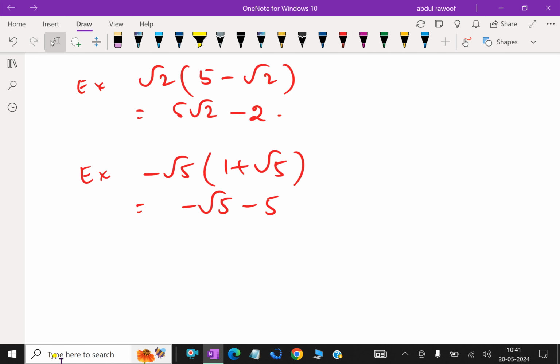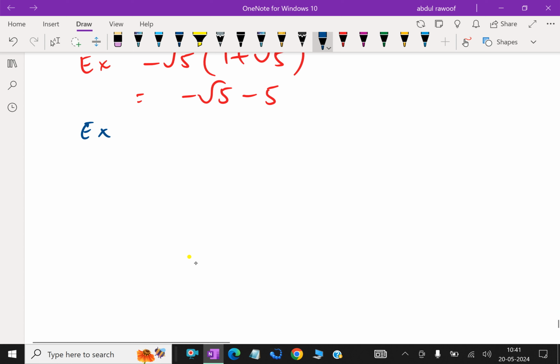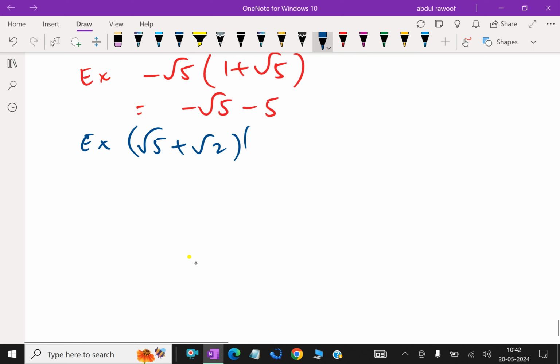Here, then binomial surds with binomial surds, some examples. Look at here. Root 5 plus root 2, root 5 minus 3.